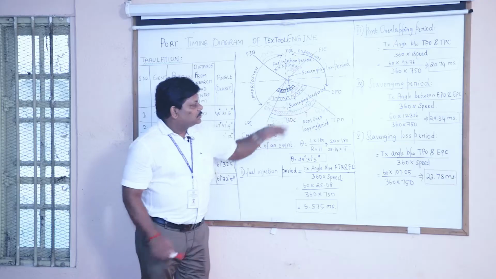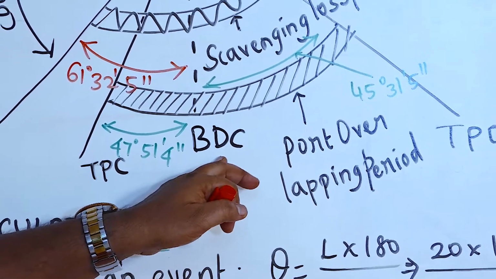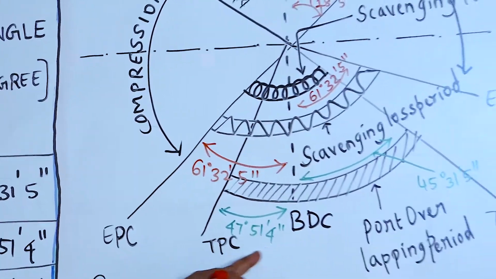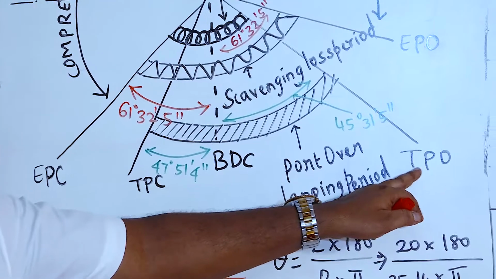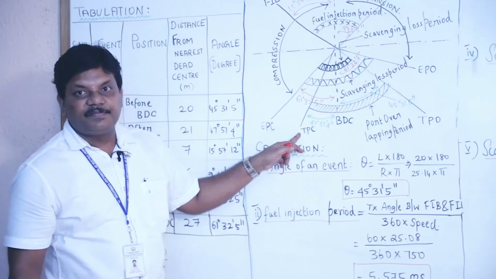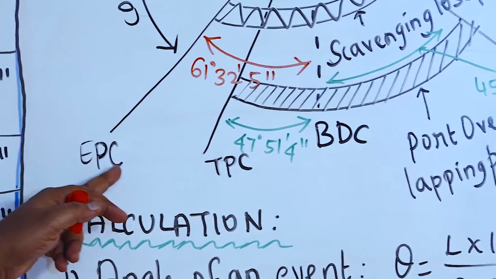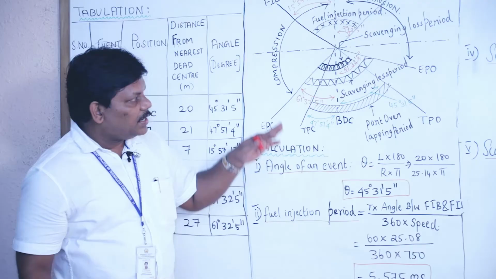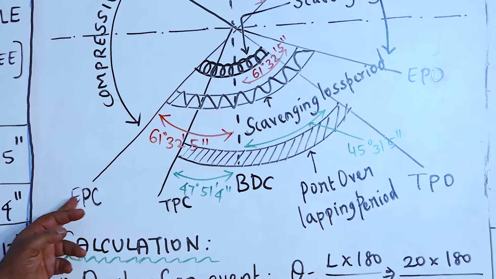Then the piston reaches the bottom dead center and once again moves towards the TDC. Since the transfer port opened second, its closure will happen first, and then the exhaust port closes. By this you can draw a diagram for the EPO, TPO, TPC and EPC.